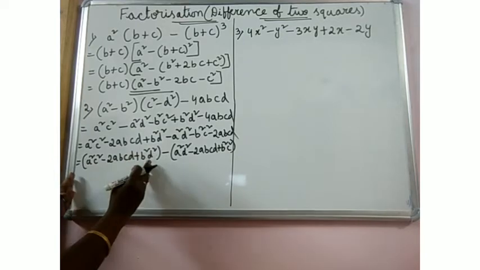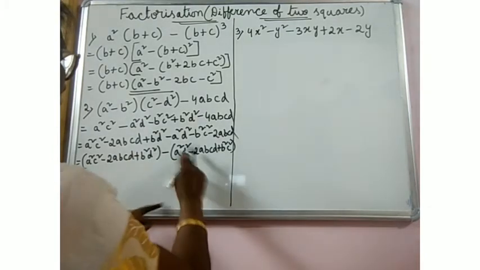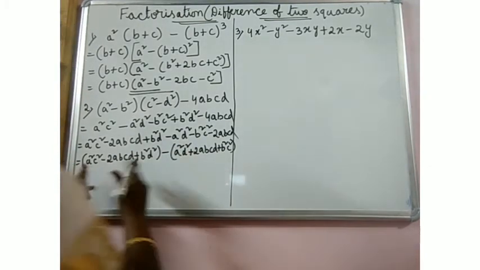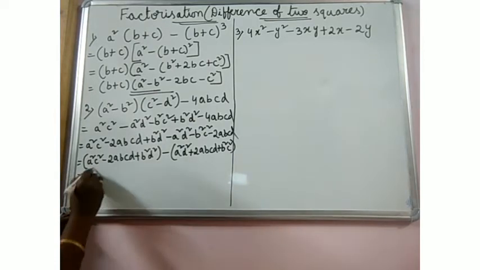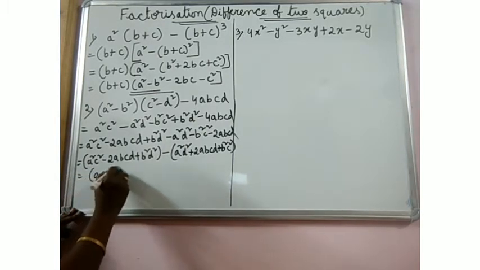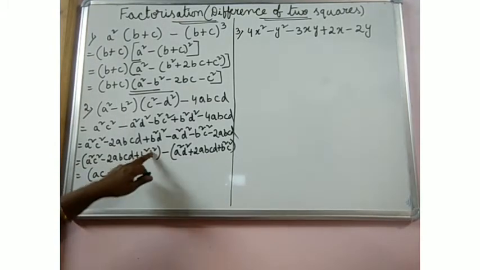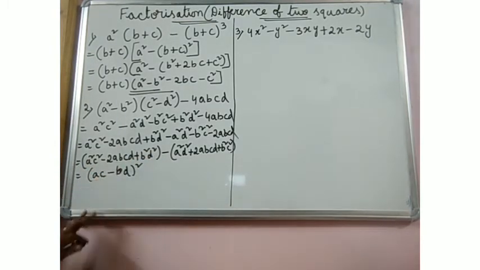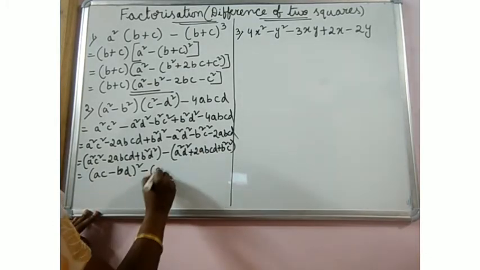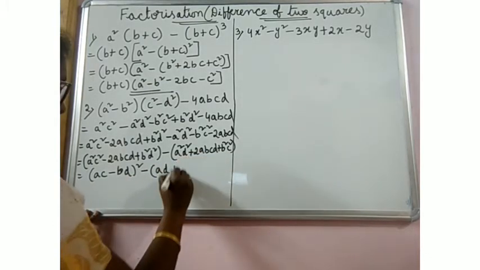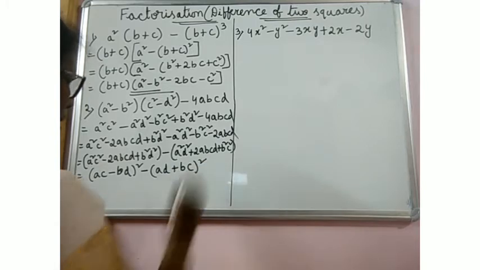Now it is like (a minus b) whole square, here minus common plus you will get. So this is like (ac minus bd) whole square. In place of a, ac, in place of b, bd is there. Yes or no? Minus, and this is like (ad plus bc) whole square, here plus is there.